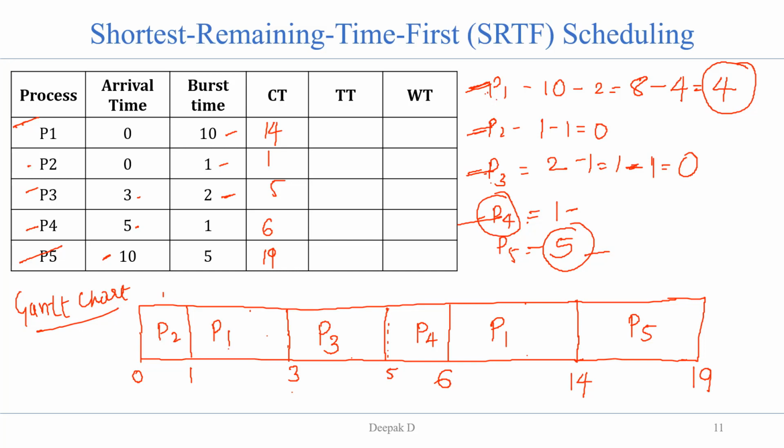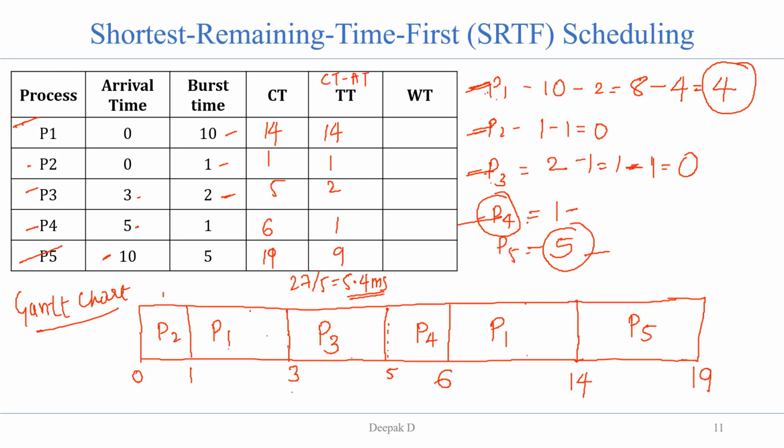Turnaround time, as usual, you know, is CT minus AT. The values are 14, 1, 2, 1 and 9, and the average turnaround time is 27 divided by 5, which is equal to 5.4 millisecond. This is done.